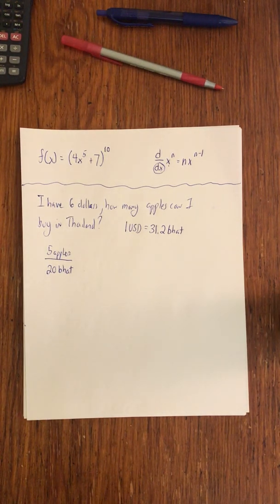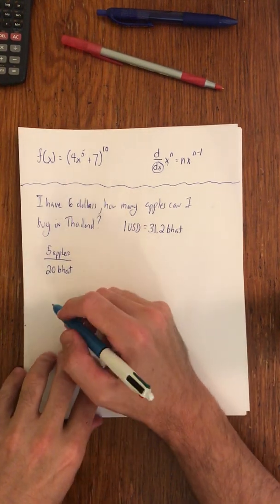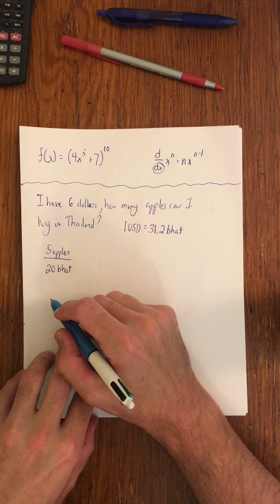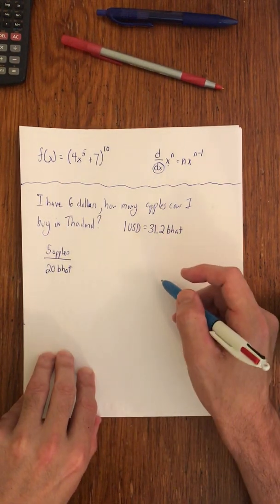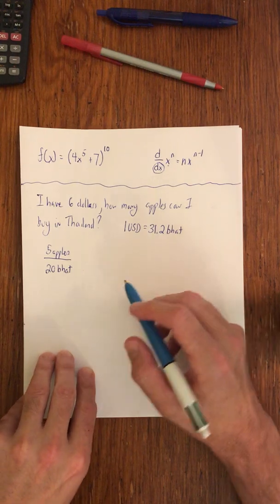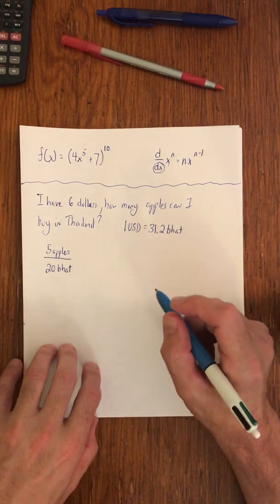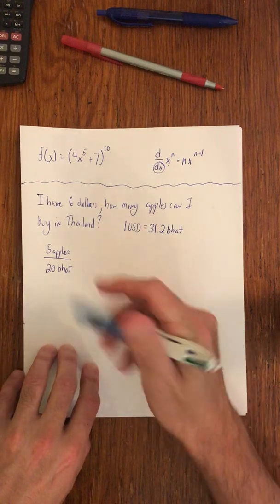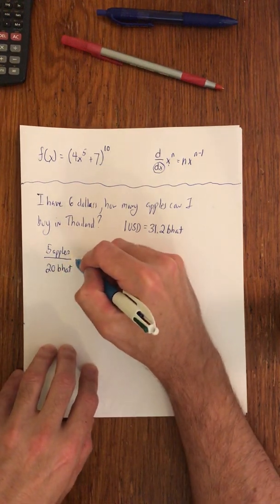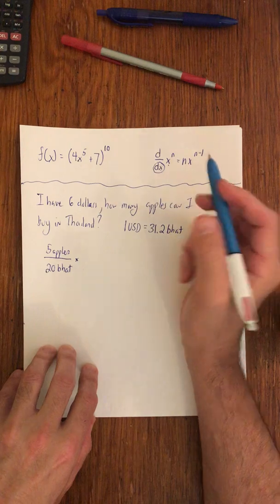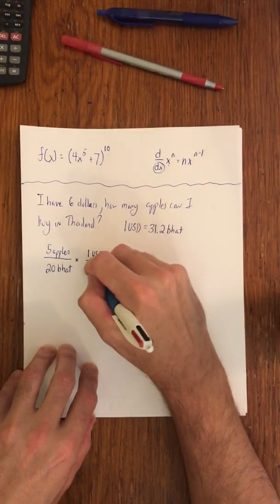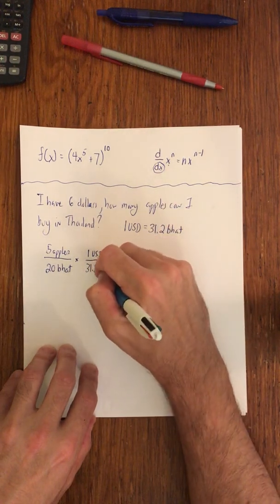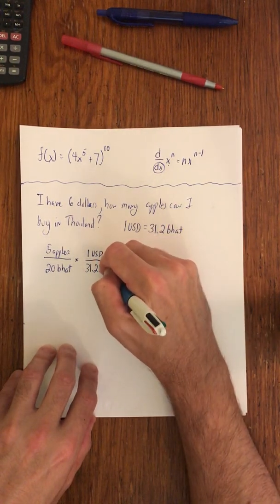So there we go. How would I figure this out? Well, let's work our way through this. I know how many dollars I have, and I want to end up with how many apples I have. What could I do? Well, I have apples and baht. Oh, I got it. I can multiply apples per baht times $1 US per 31.2 baht, right?